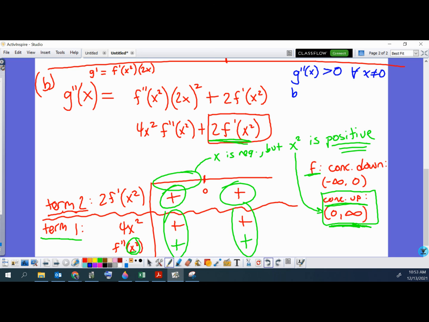So you could list that. I would write those out. And then if I was being very thorough, but I've got a class coming in, so I'm going to wrap this. Therefore, g is everywhere concave up is my conclusion.